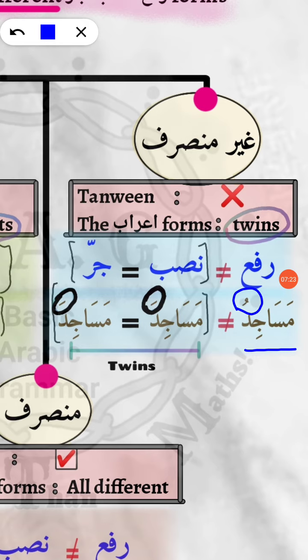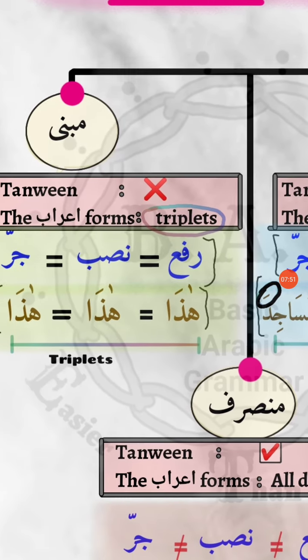All right, so it's masajidu, masajida, masajida, and not masajidi. All right, that would be incorrect. That's the reason I like to explain this topic as calling these two in ghair munsarif form twins. Okay, so that's what. And these ghair munsarif asma form about, I don't know, about 10% of the asma. All right, and once again, we are going to come across these very often.